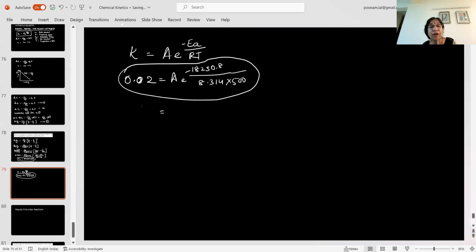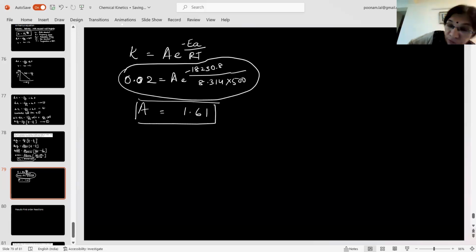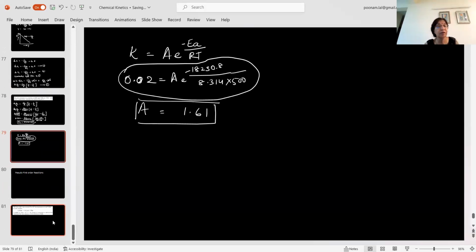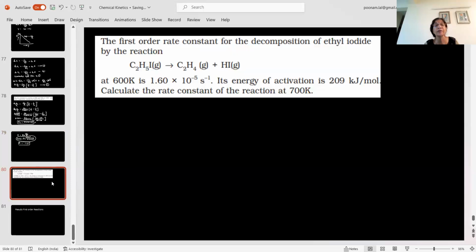Here the value of A comes to 1.61. So right now I did not calculate the way I should show it to you using log. I'll show you how it has to be done in the exam. I used a calculator so I could get the answer easily. So the second part of the question, for the time being, you leave it. We can learn how to do it in tomorrow's class.